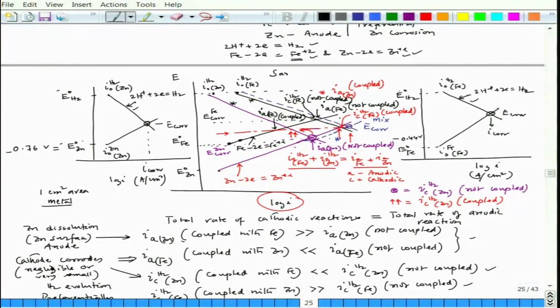And one of the important conditions we have imposed here, which we will come back to in discussion, is the same area. If the area changes for cathodes and anodes, we will have a serious implication on galvanic corrosion. So, let us stop here.